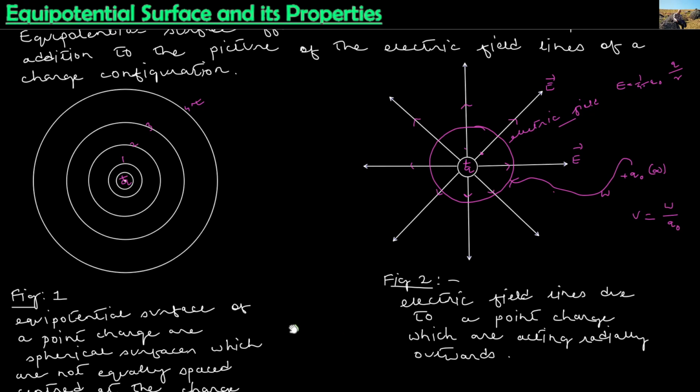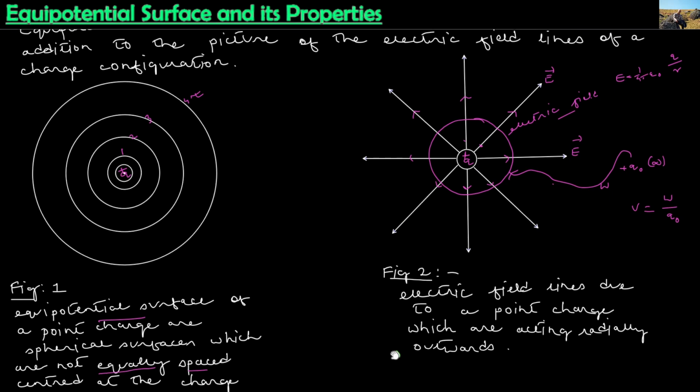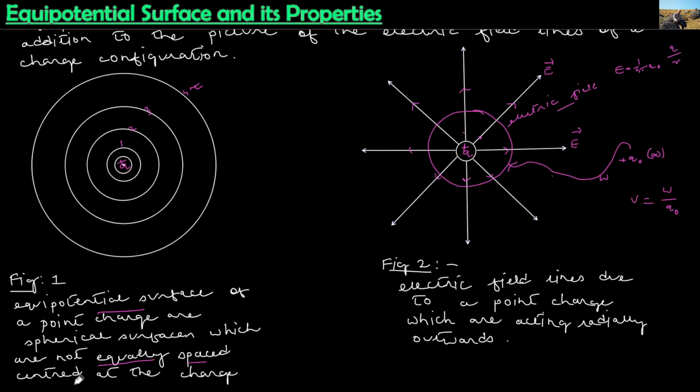From this representation, it is very clear that all these equipotential surfaces are not equally spaced, and all of them are centered at the charge plus q.